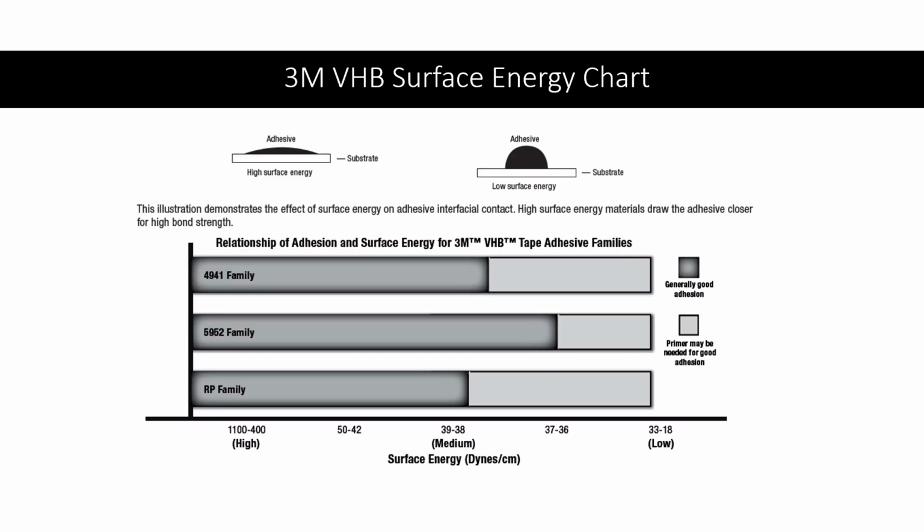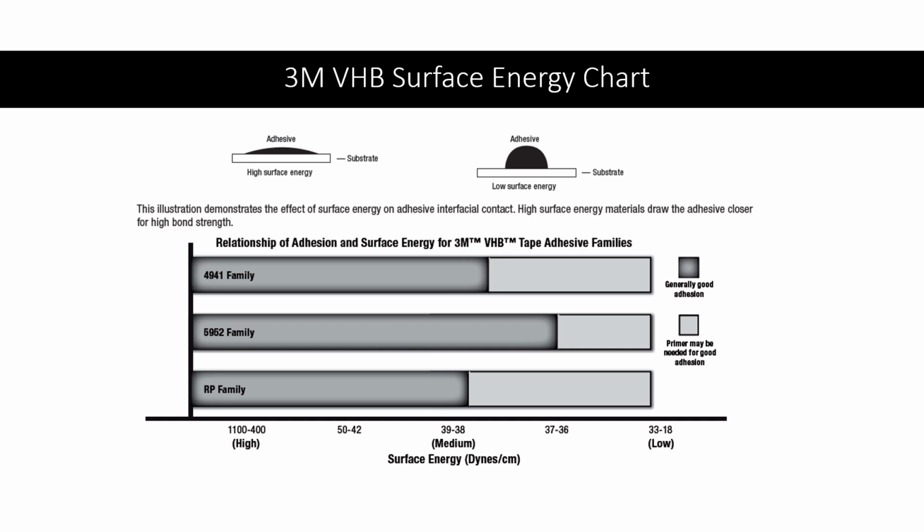There are 3 types of acrylic foam tapes. You have your very conformable, like your 5952 family. You have your conformable, like the 4941 family and RP family. And you also have your firm VHB tapes. The softer the acrylic foam tape, the easier it can be applied to surfaces and wet out.